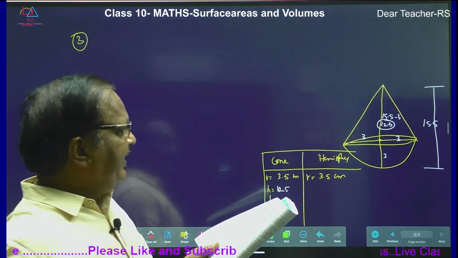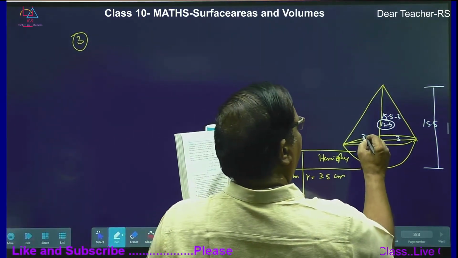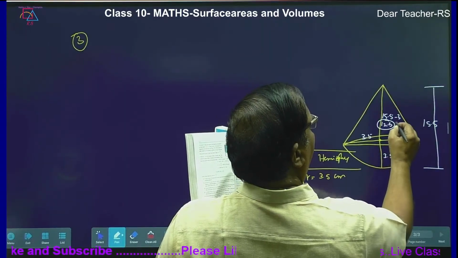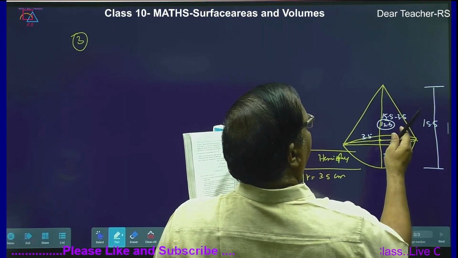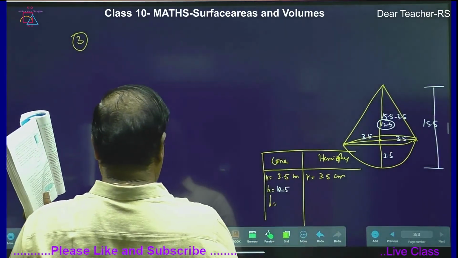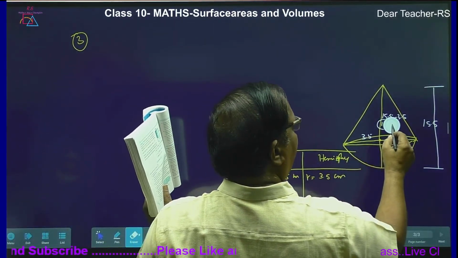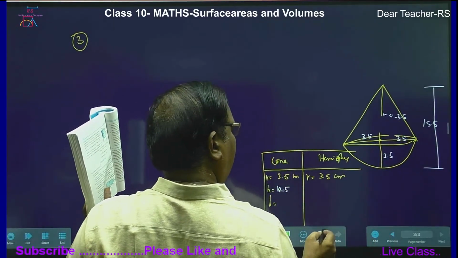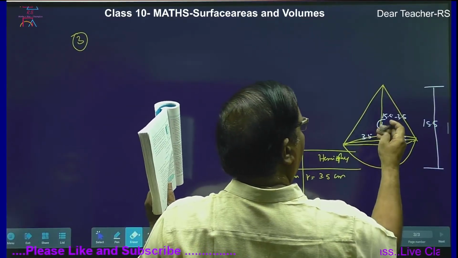I am sorry, radius is 3.5. Then how much? Height is equal to 12.